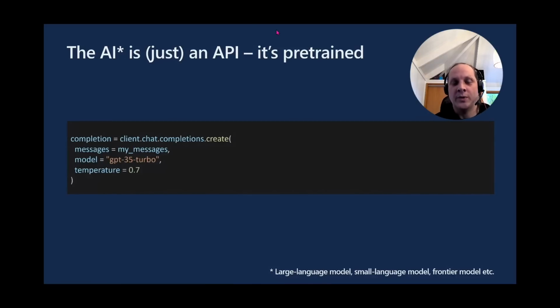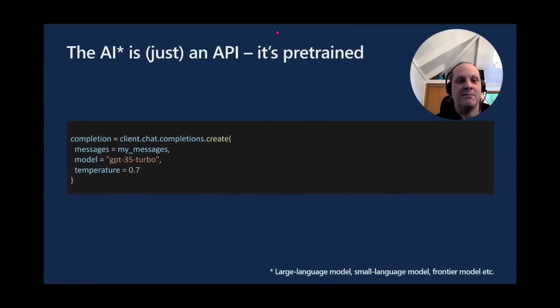So what we're going to have a look at today is how easy it is to get started making those API calls. But we'll first take a look at what an example API call looks like to the Azure OpenAI service or to one of the large language models from OpenAI. In this case, we've got some Python code on the screen here. We've got a chat completions object we're creating.